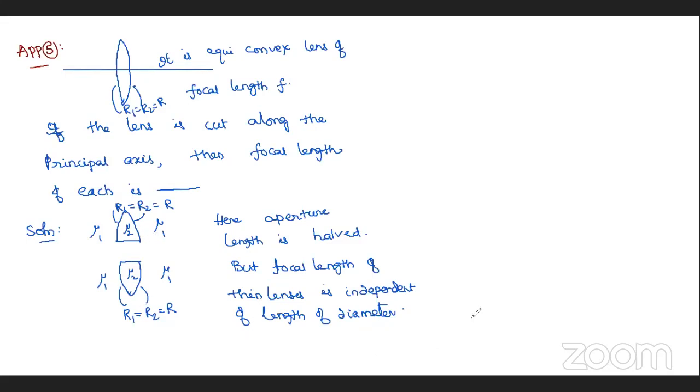Halving the diameter implies F1 is equal to F2 is equal to F only, and behavior is also not changed. Now is it clear? Yes, clear. For your sake, when I am writing here, behavior is also not changed. Biconvex behaves as biconvex only. That's it, in this case of cutting.